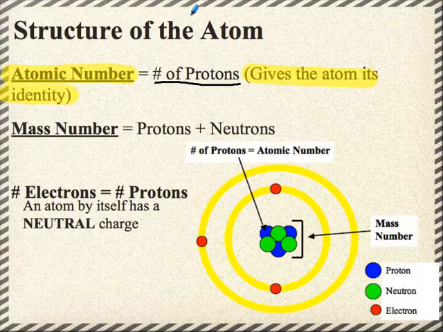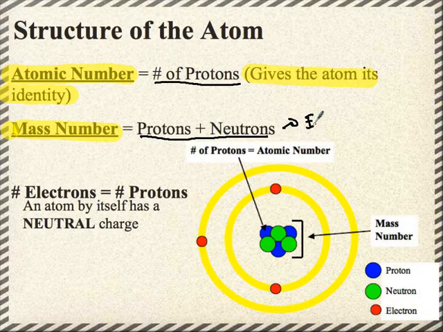The other thing that we can get out of the structure of the atom, once we draw it correctly, is its mass number. The mass number is just the number of protons plus the number of neutrons. So really what it means is everything inside the nucleus. I'm going to write that down: everything inside the nucleus.